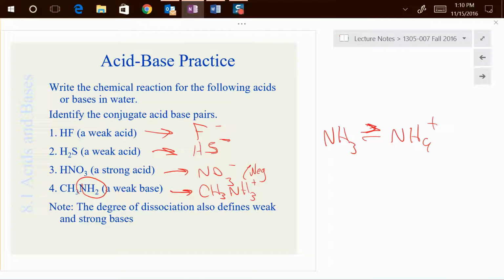Okay, so if we are looking for the conjugate base of a weak acid, we lose the hydrogen, and that's our base. These are reversible. Okay, this one is not because it's a strong acid, so it goes only one way. Okay? So it's all about how many hydrogens you have.